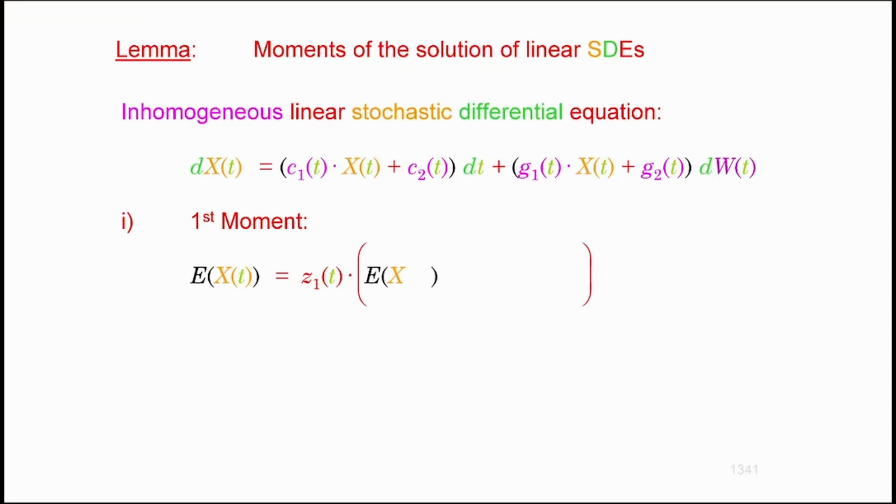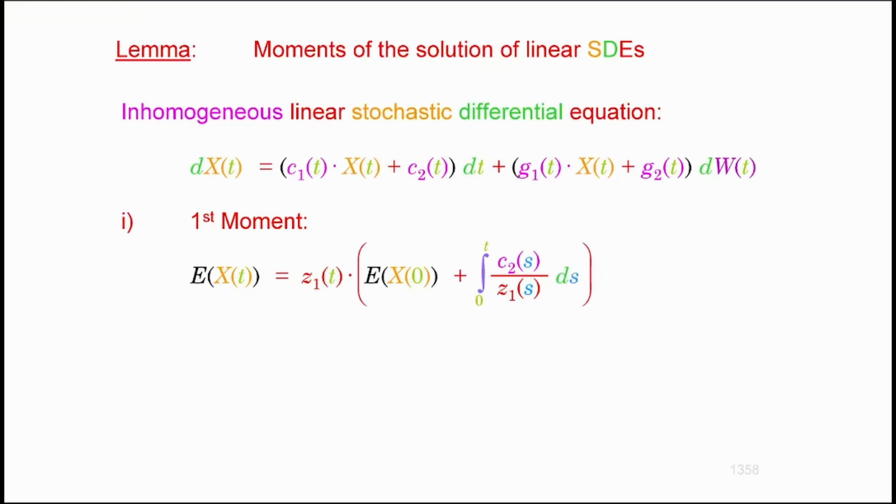You have the expectation of the starting value, which has the same structure. And then you have this integral from 0 to t of C2, which is the additive constant, and then you have Z1 there, which I'm going to define below.